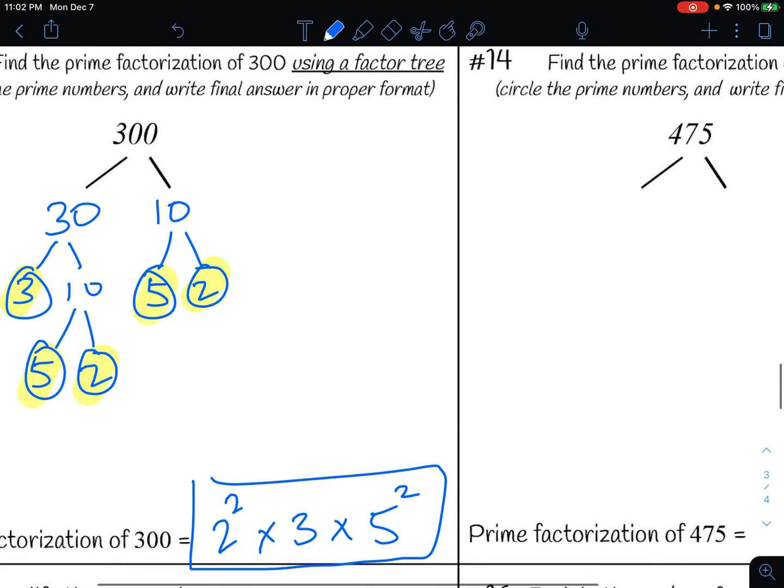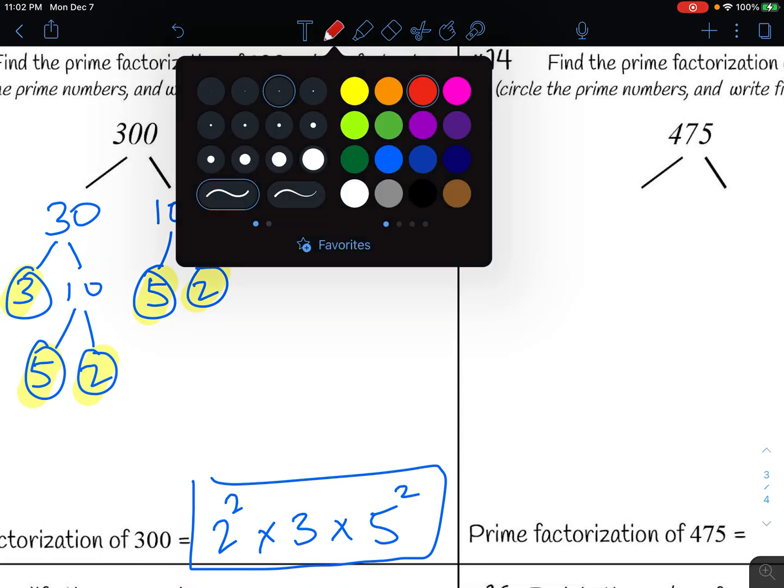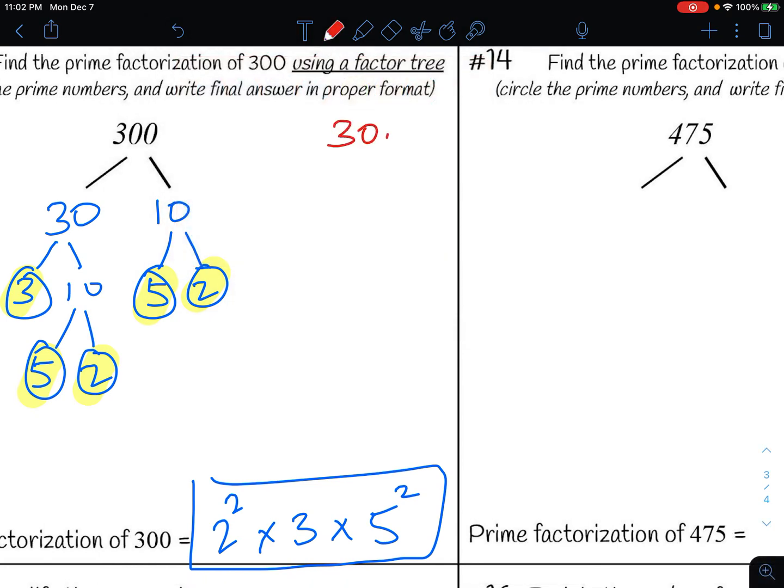Now, before we go to the next one, just in case you decided to do it differently, you still would have gotten the same answer. Let's say you decided to do 100 times 3. Well, good idea to line that up. And then 100, that breaks down to, I don't know, how about 50 and 2?